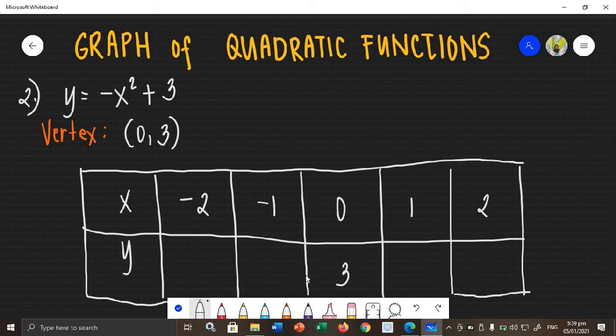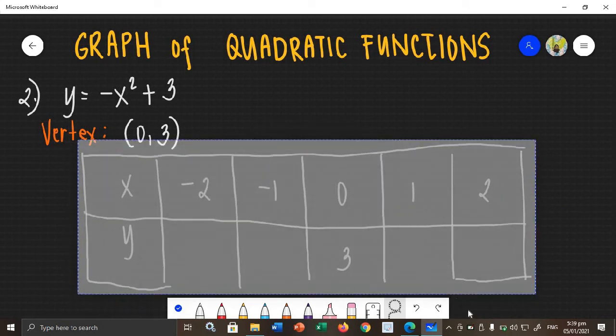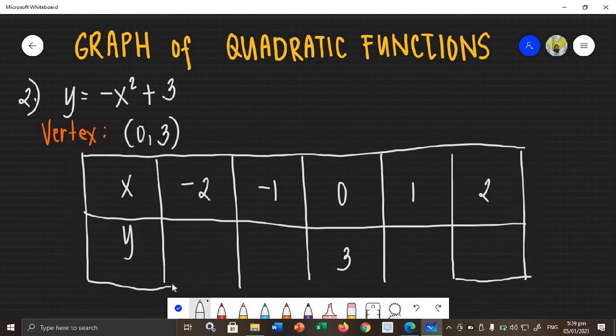So for you to solve the value of the other y coordinates, so gagamitin nyo yung x coordinates na inassign ninyo. And using this given, no, isa-substitute nyo siya doon. So we have negative, and then negative 2 squared plus 3.